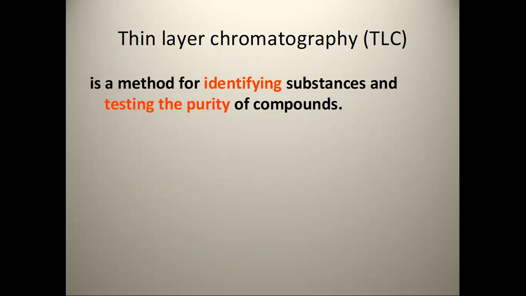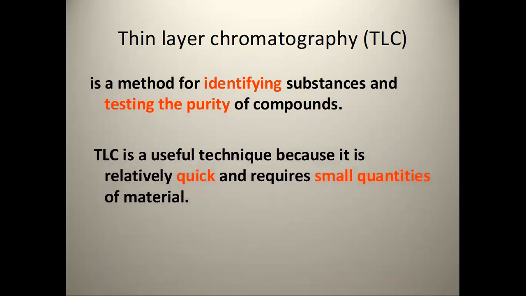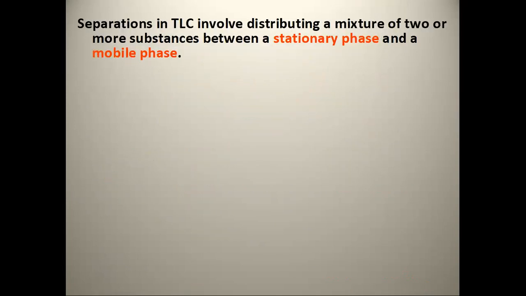So related to paper chromatography is the thin layer chromatography. So it's a method of identifying substances and testing the purity of compounds. So it's a useful technique because it is relatively quick and requires small quantities of material. So you separate them by using a stationary phase and a mobile phase.